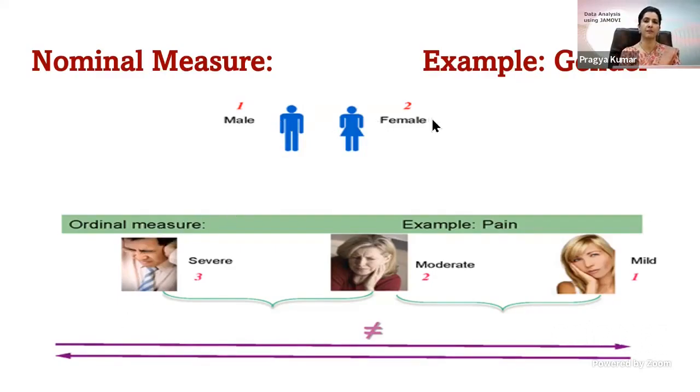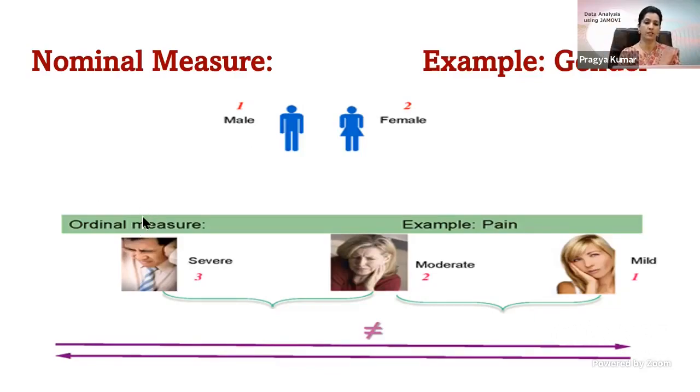Like male and female, this is a nominal variable, and it is categorical because it is describing a trait, gender. If you put 2 as male and 1 as female, it does not say that 2 is superior or 1 is inferior. The numbers are just depicting the trait, not values of higher or lower.